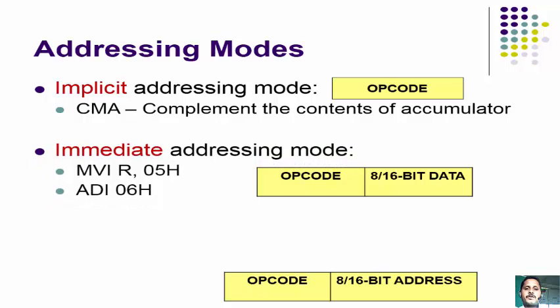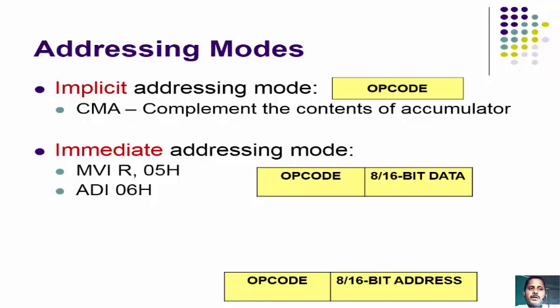The second addressing mode is the immediate addressing mode. Immediate addressing mode is when 8-bit or 16-bit data is part of the instruction, or 8-bit or 16-bit data is available in the operand field. At that time that particular instruction is in immediate addressing mode.